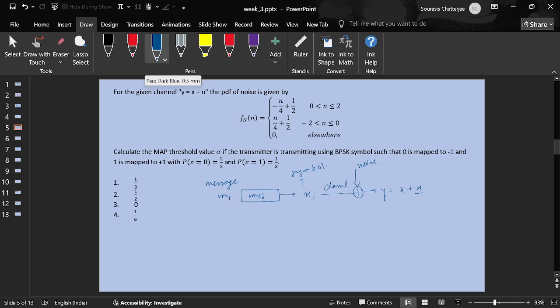This part we will understand fine. So it's asked to calculate something called the MAP threshold value. So can you point out what MAP here is? What does MAP denote? This is the received signal here.